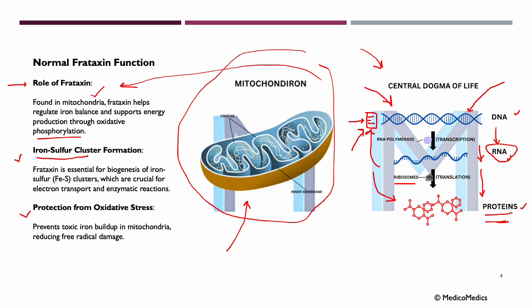Furthermore, frataxin prevents iron accumulation, reducing free radical formation and mitochondrial damage. So you can already see the importance of the frataxin protein on such a fundamental level of ATP synthesis.